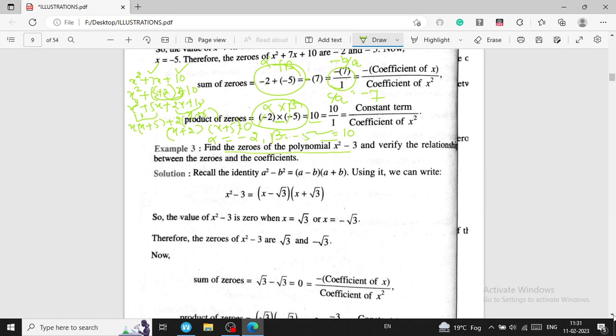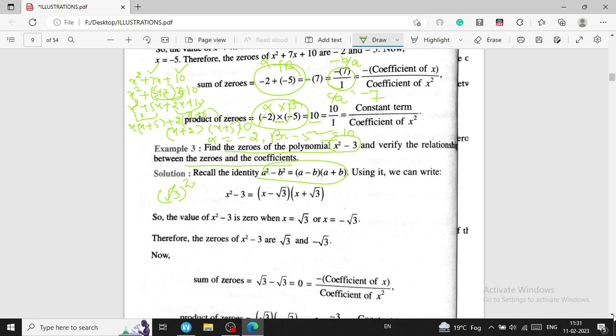Find the zeros of the polynomial x square minus 3. Verify the relationship between zeros and coefficients. Such type of equation will be solved like this. Here we take the formula a square minus b square equals a minus b times a plus b. Here we have to take the square root instead of 3, because when we take the square, it cancels with the square root, and ultimately we get the original value 3.